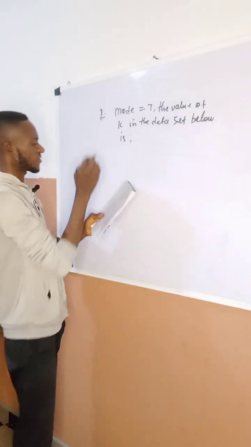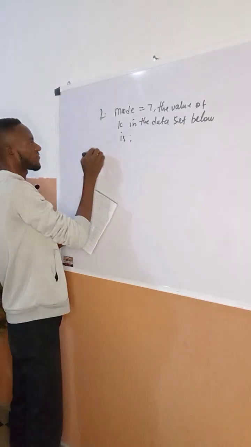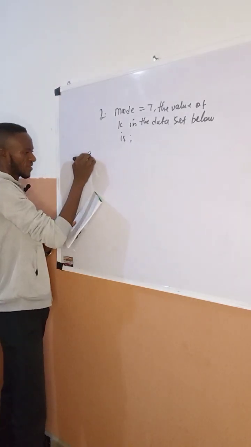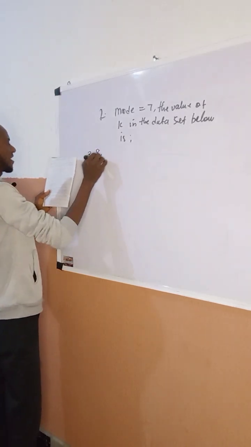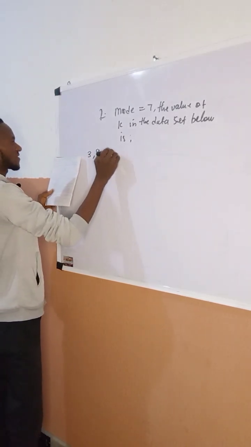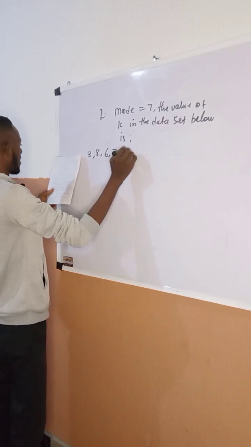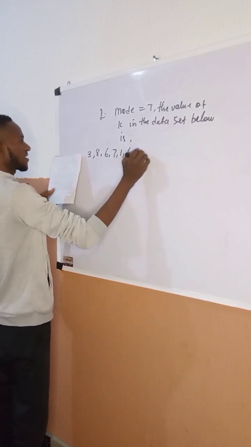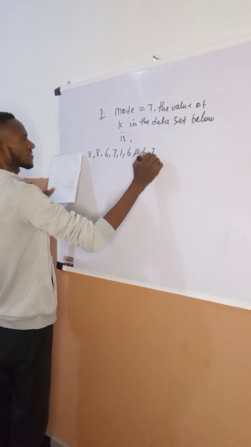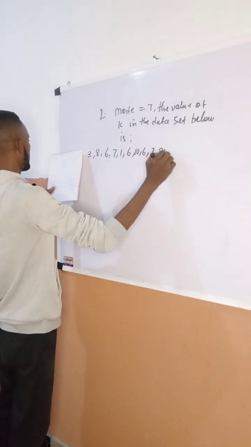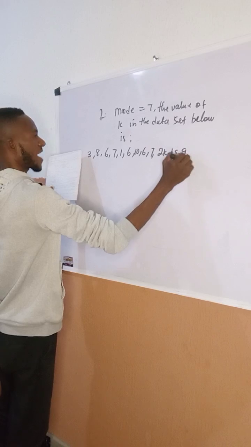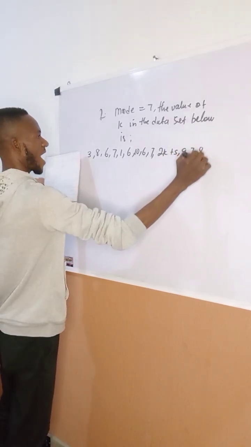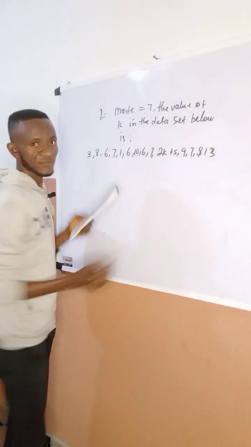And the data set they gave is 3, 8, 6, 7, 1, 6, 10, 6 again, 7, 2k plus 5, 9, 7, and 13.